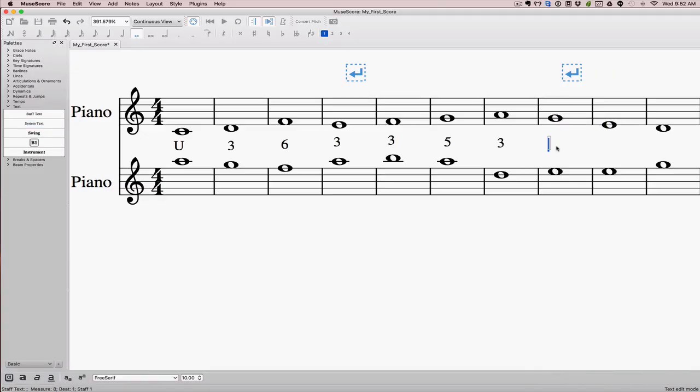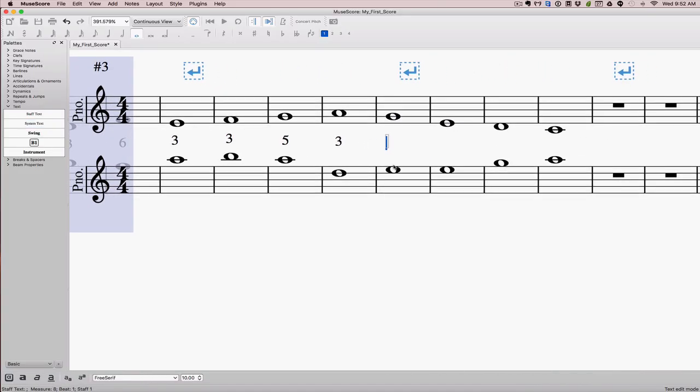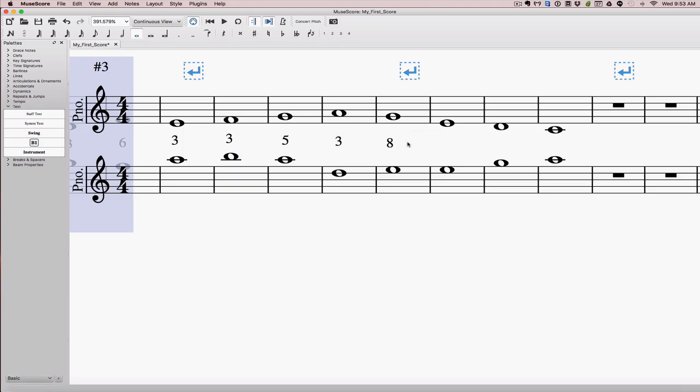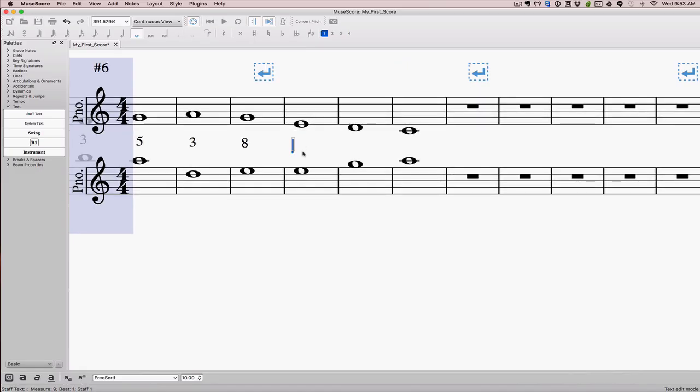Here we have a G. Let's slide over. A G and a G. There is an octave in between here, but for this one we are going to write 8 for octave, because we want to separate octaves from unisons. Here we have a G and an E. That's going to be a sixth.